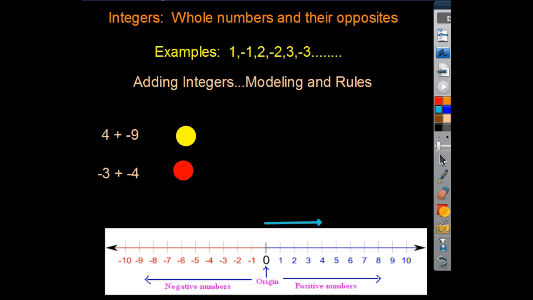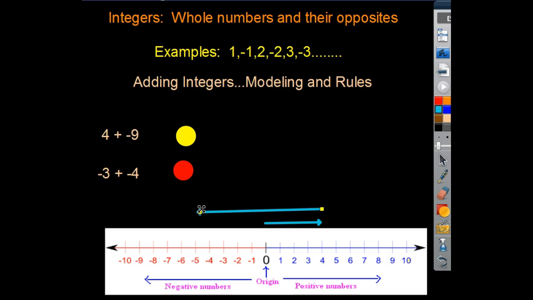My second number is going to go from that 4, -9. A -9 direction will move me back in this direction, but I have to start where that one ended right there. So I'm going to go to where that 4 is, and I'm going to go backwards 9 spaces. That's 4 spaces. 5, 6, 7, 8, 9.